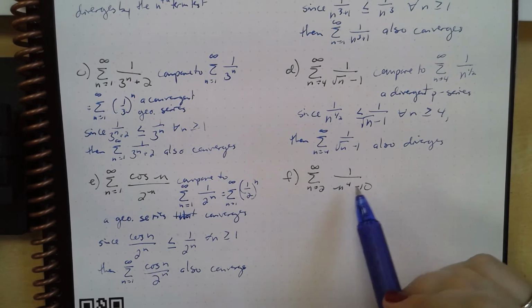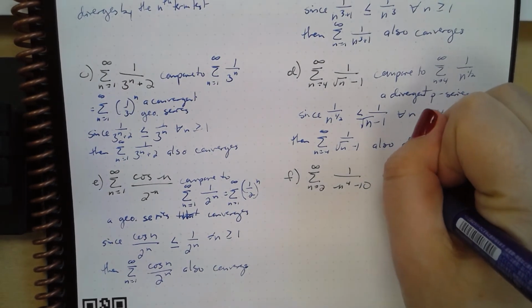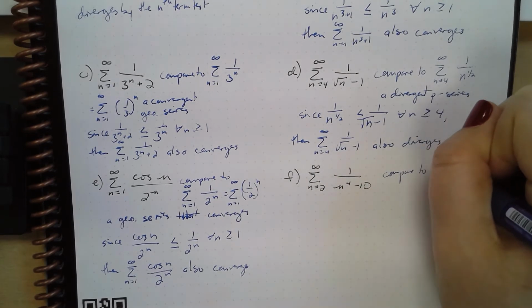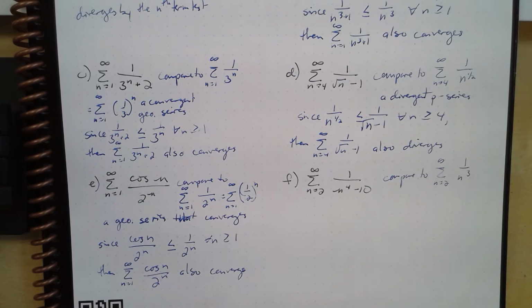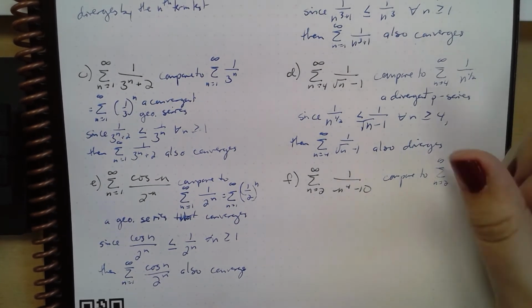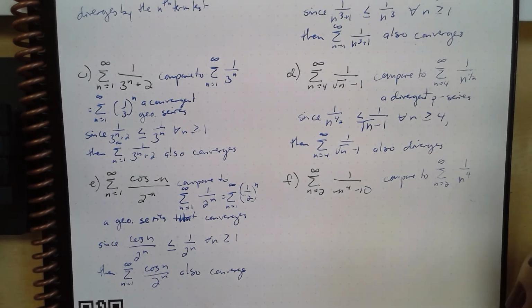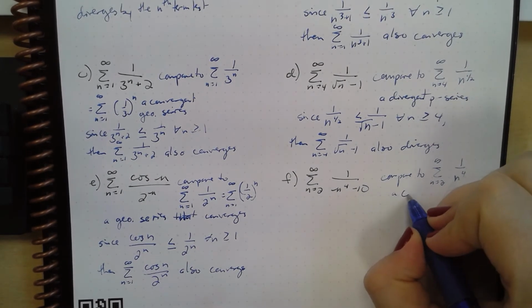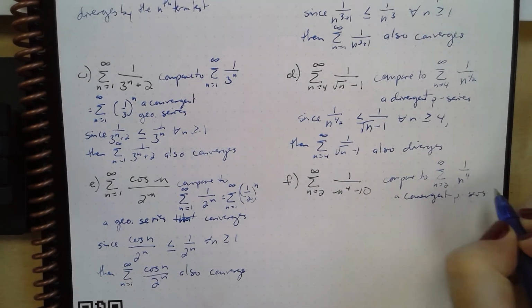The sum from n equals 2 to infinity of 1 over n to the 4th minus 10. Let's compare it to the sum from n equals 2 to infinity of 1 over n to the 4th. Oops, I wrote 3rd, but I meant 4th. So this is a convergent p-series.